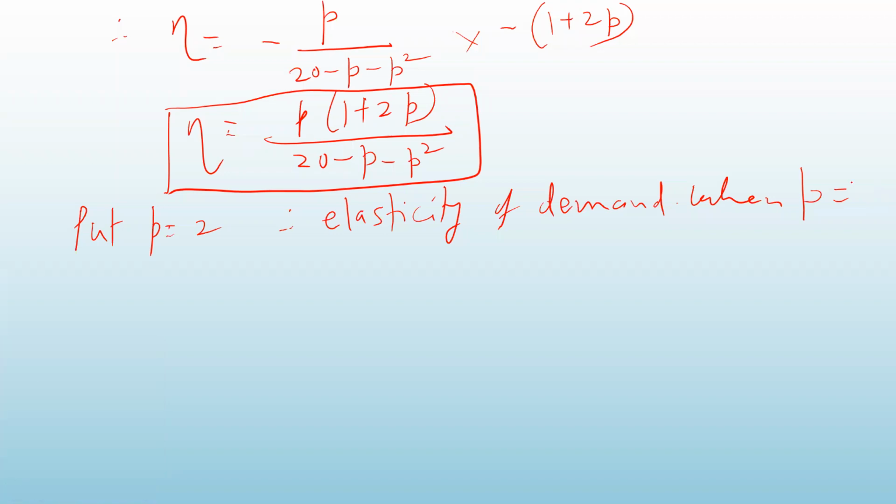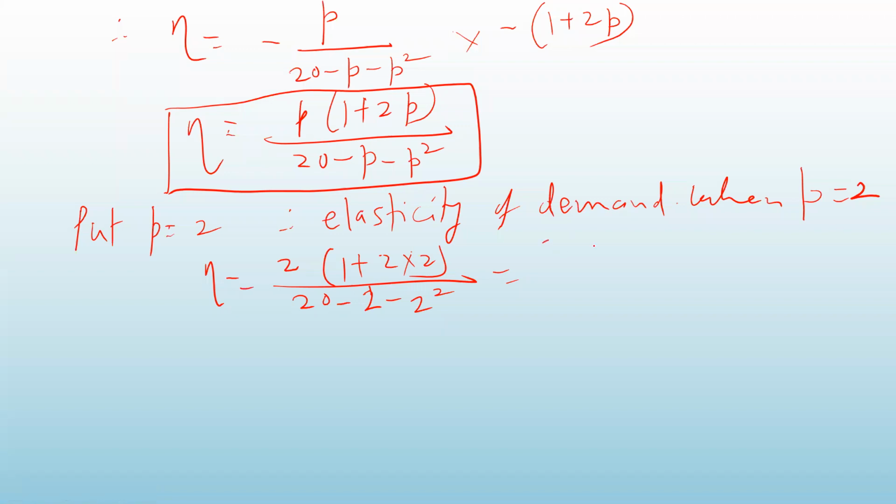What you have to do is put 2 wherever there is P. So 2 into 1 plus 2 into P, that is 2 into 2, divided by 20 minus P is 2 and P square is 2 square.